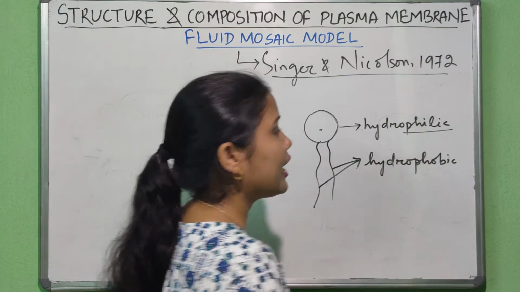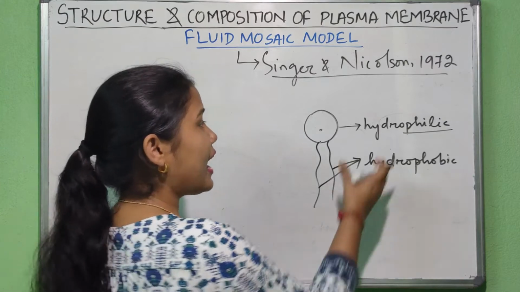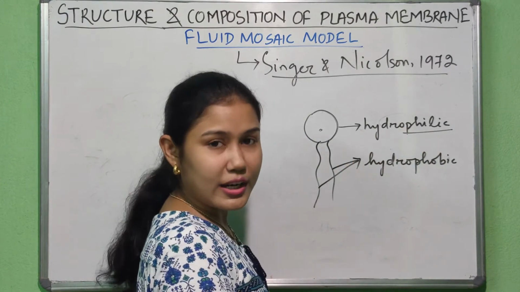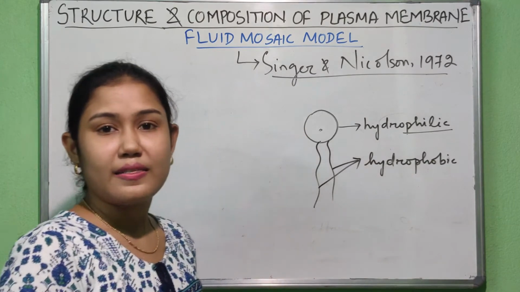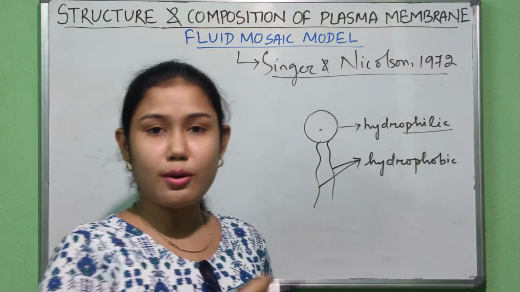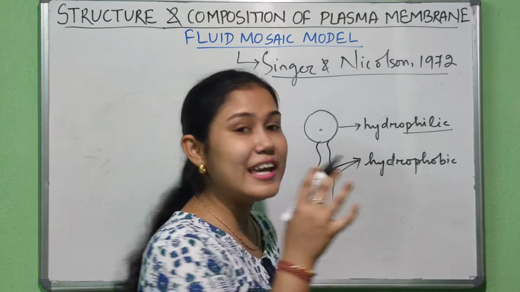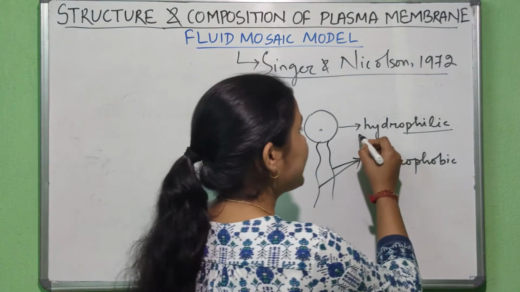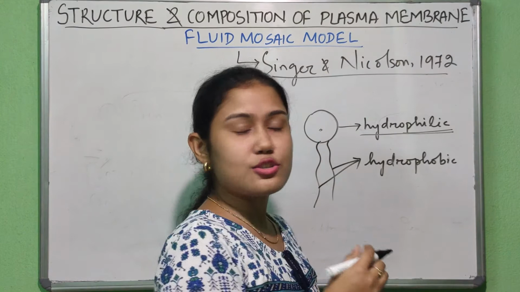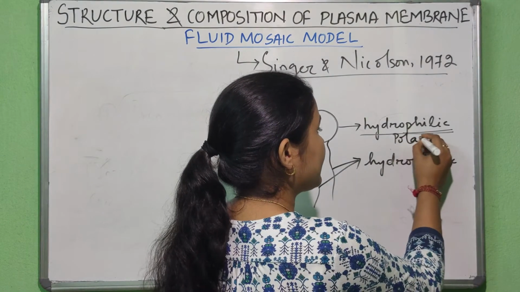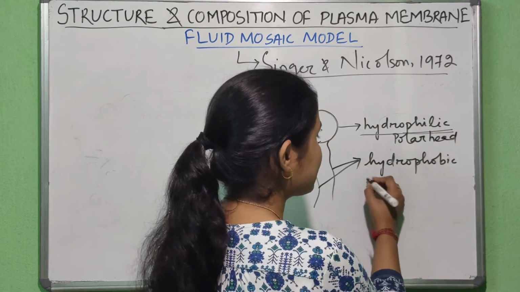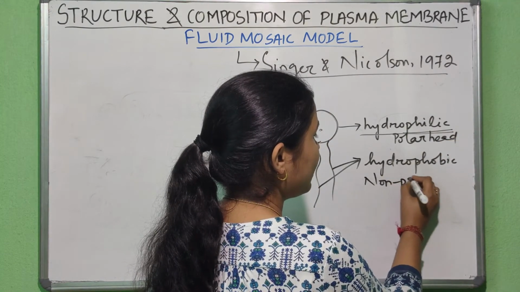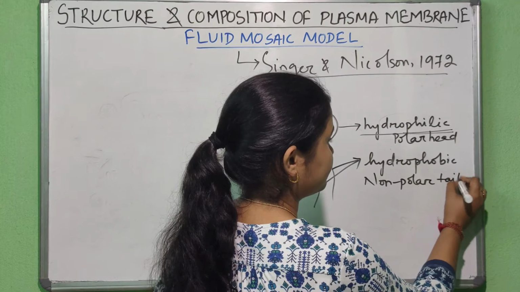Philic means loving. They are loving towards water. And hydrophobic ones fear water, that means they are water insoluble. The hydrophilic part is also called the polar head, whereas these are the non-polar tails.